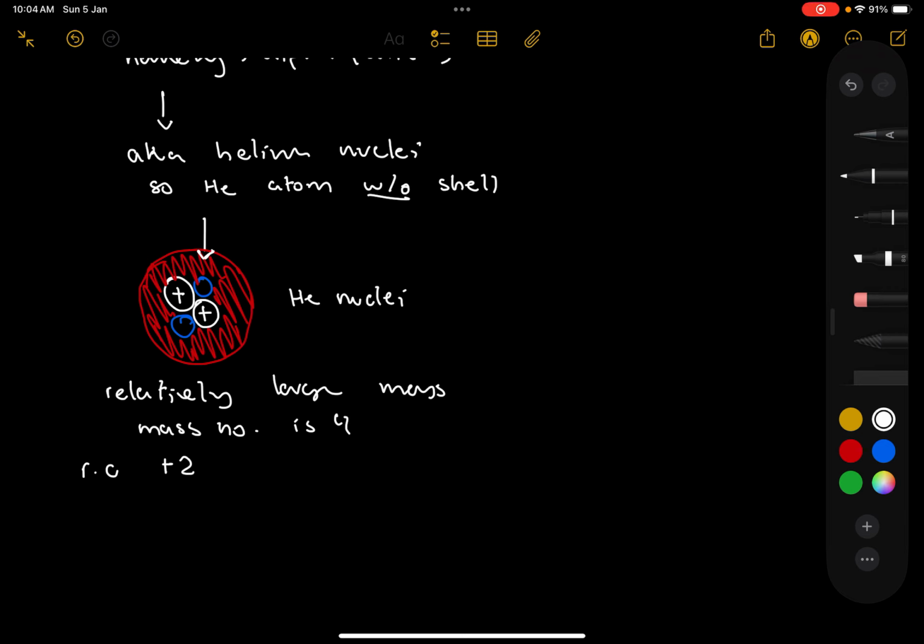And lastly, we're going to be talking about gamma rays, and then with that, we're going to end this portion of the topic in this video as well. So gamma rays are electromagnetic rays, and we talk about these in the waves topic, but basically they have very short wavelengths.